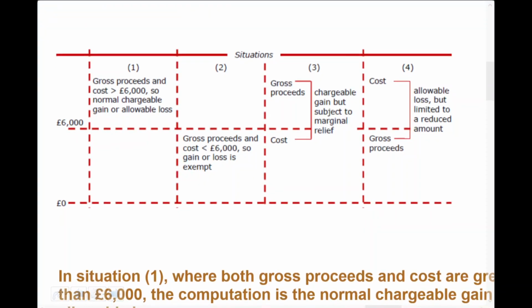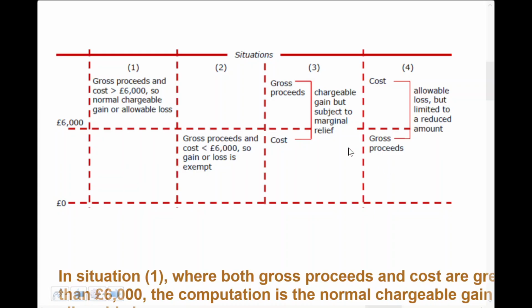Okay, so you might think of these as perhaps 4 different chattels, and 4 different scenarios, where the proceeds and the costs are different, 1, 2, 3, 4. And what the narrative below does is take us through each of these different scenarios or situations.